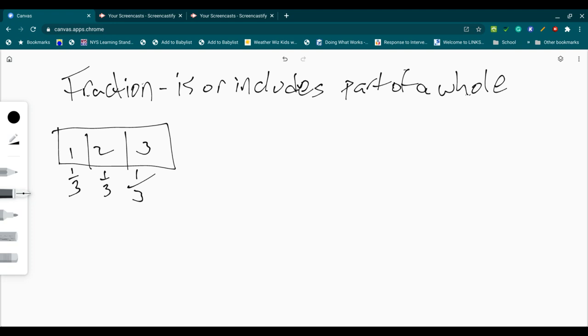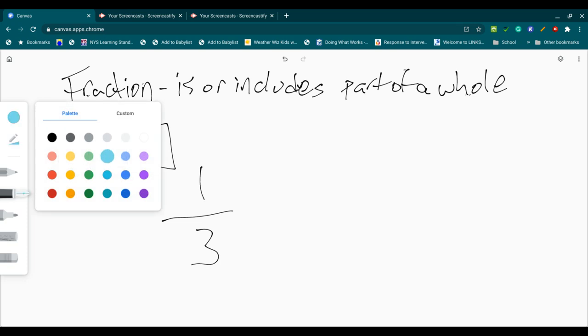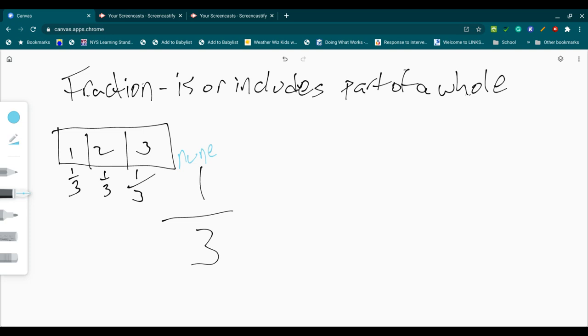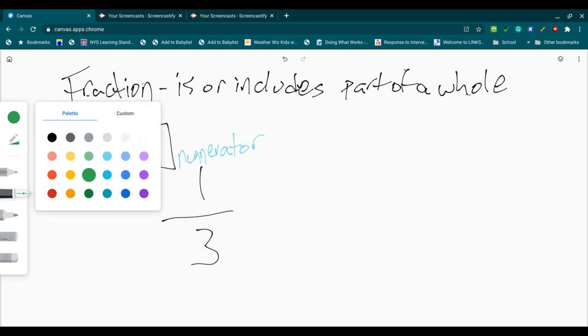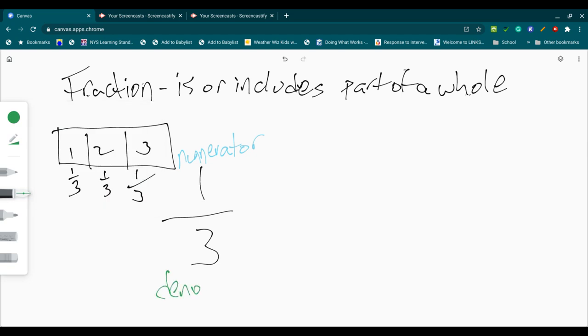What we're going to do is look at the parts of a fraction. If I take this 1/3 here and make it a little bit bigger, the top number is what we call the numerator. The bottom number is what we call the denominator.